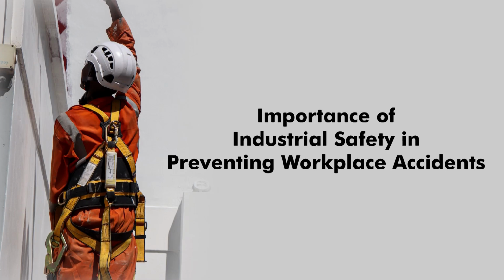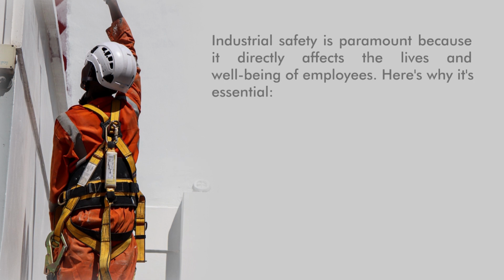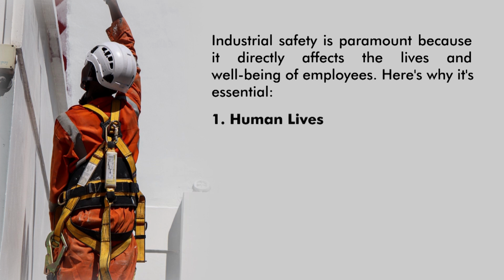Importance of industrial safety in preventing workplace accidents. Industrial safety is paramount because it directly affects the life and well-being of employees. Here's why it's essential. First, human lives. Means the foremost importance of industrial safety is the prevention of injuries, fatalities and long-term health effects among the workers.